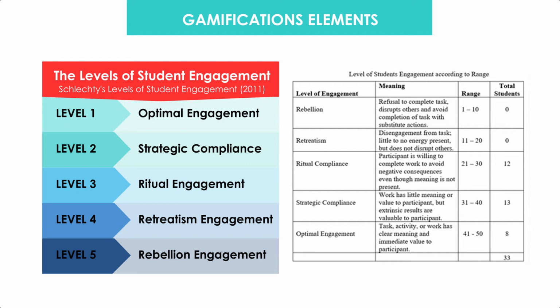The levels were categorized with Level 1, optimal engagement, as the highest engagement, and Level 5, rebellion engagement, as the lowest engagement. The frequency of each of these criteria, namely rebellion, retreatism, ritual compliance, strategic compliance, and optimal engagement, were documented in the table.